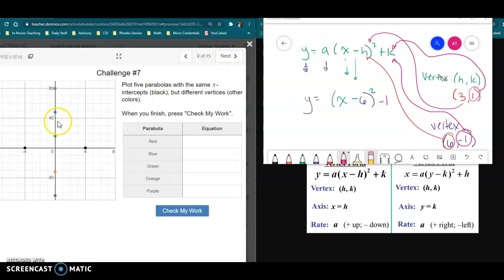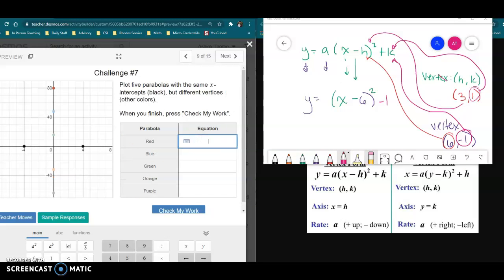Awesome. So now what you're going to do is plot 5 parabolas with the same x-intercept in black. So we want an x-intercept of 4 and an x-intercept of negative 4. What I instantly know is that all of these equations are going to be y equals parentheses x plus 4, because that's my positive 4, and x minus 4.